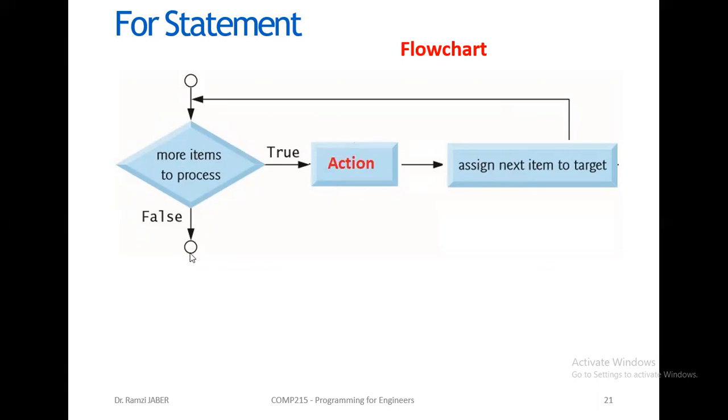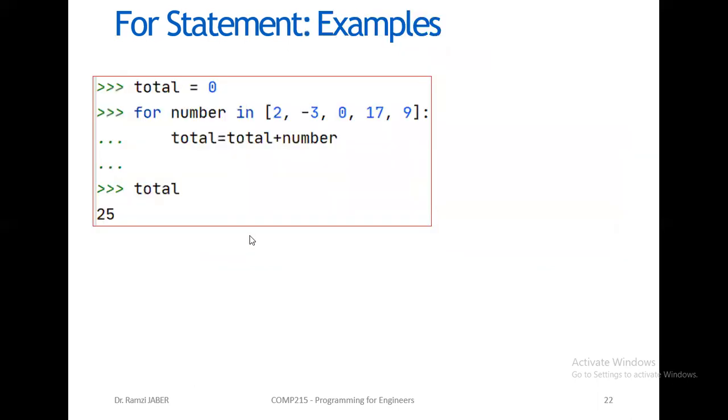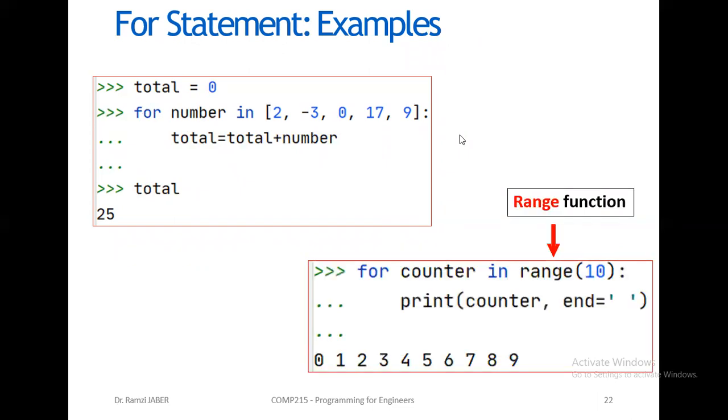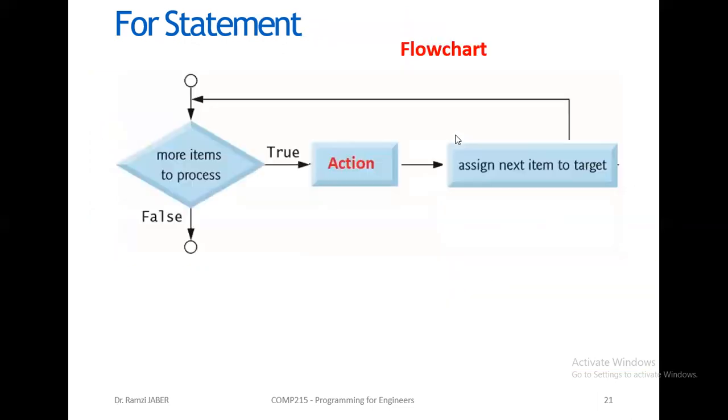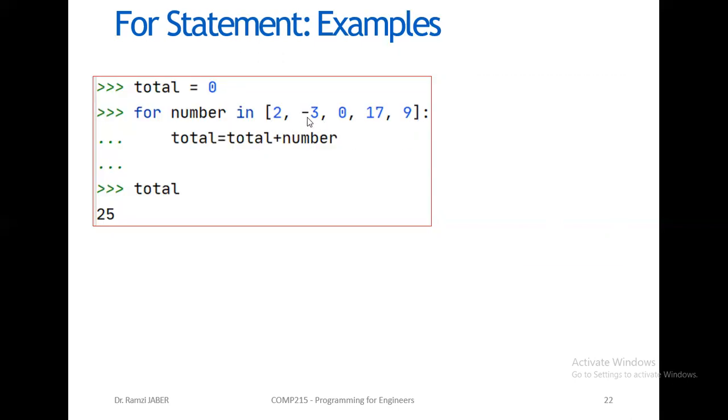If no, go out. Example here: total equals 0, for number n in a list. Here we have a variable called number n, and this is called a list: 2, minus 3, 0, 17, 9.